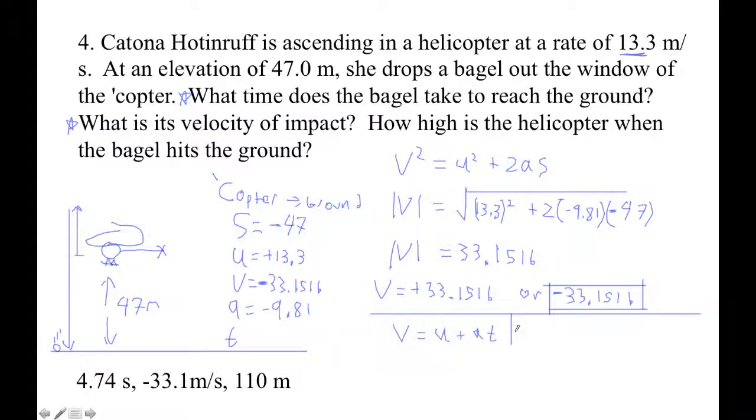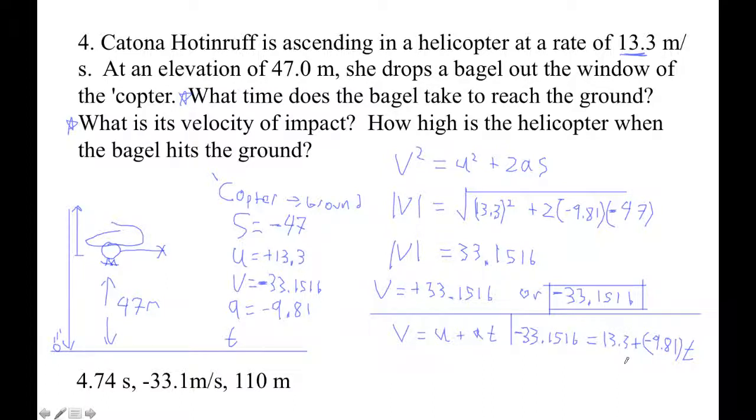Okay, so it's negative 33.1516 as my final velocity, that's hitting the ground, is 13.3 plus negative 9.81 times t. Just slow the pen down and it'll draw. Okay, so this is like higher mathematics.